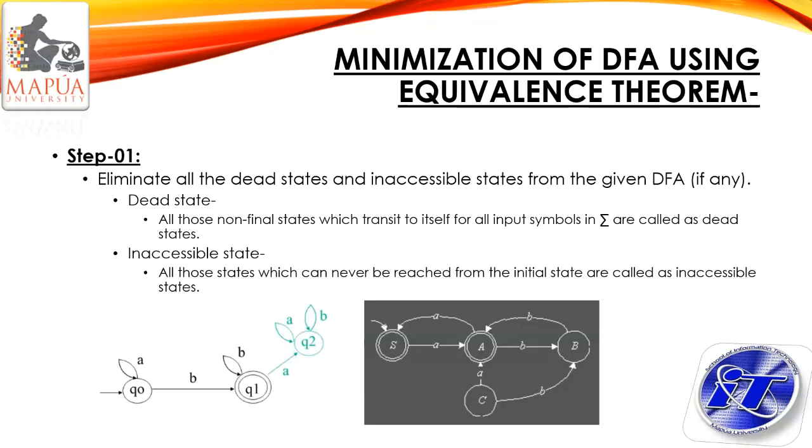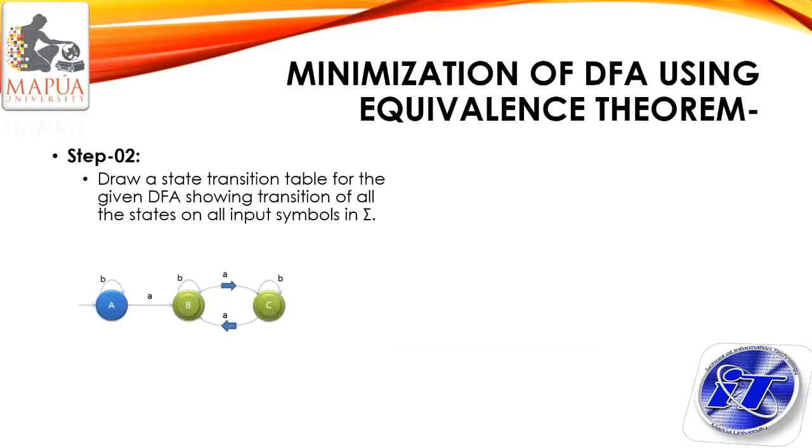Next, after removing the dead state and inaccessible state, let's proceed with step 2, which is creating the transition table. In this example, we have three states. A is the initial state, B and C are the final states.